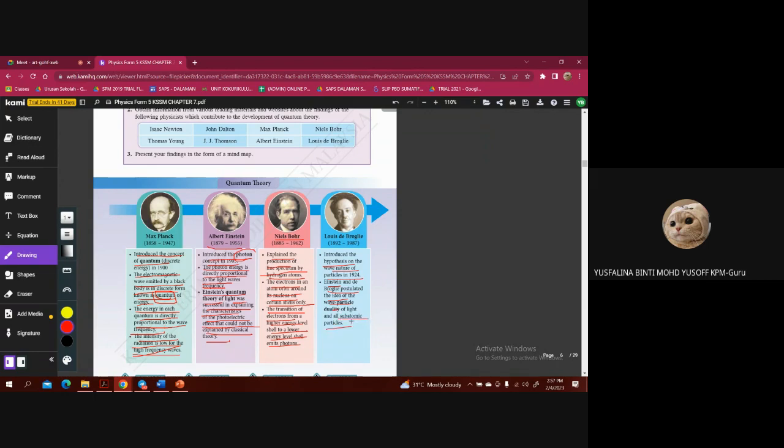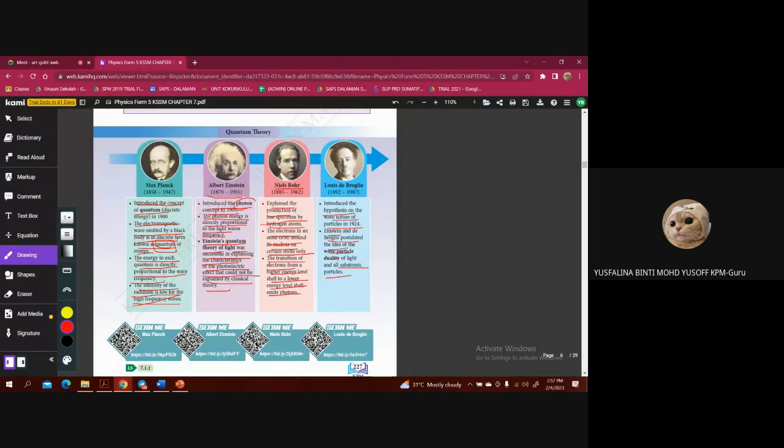This is actually the history of the quantum theory. Maybe you just need to remember the discovery made by each scientist, from classical to modern physics.